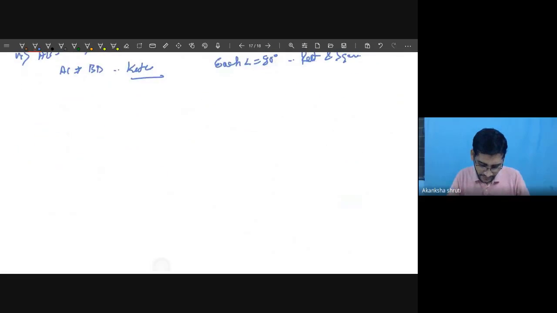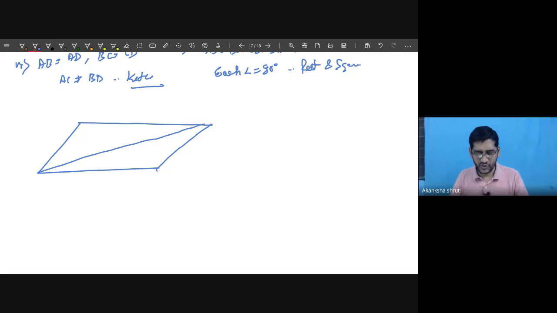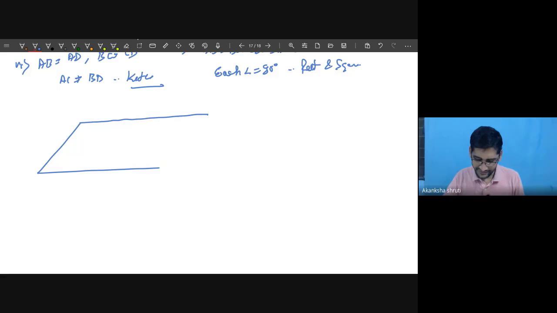Now for the parallelogram, there are certain important properties that we need to keep in mind. What are they? The property is that the diagonal divides it into two triangles of equal area.